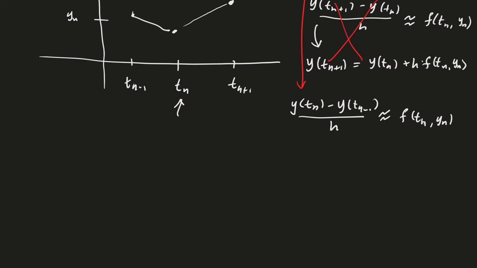And so solving that, I get y of Tn is equal to y of Tn minus 1 plus h times f of Tn, Yn.